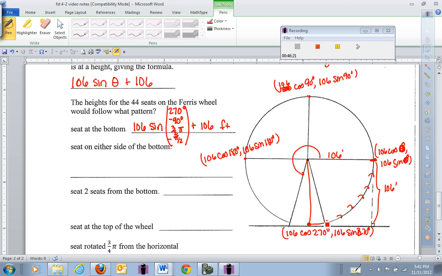What about the seat on either side of the bottom? So that would be this one here or this one here. The seat on either side of the bottom. Now remember, did it tell how many we had? There were 44 spokes, right? Okay, so if we wanted to figure this one out, let's figure this.